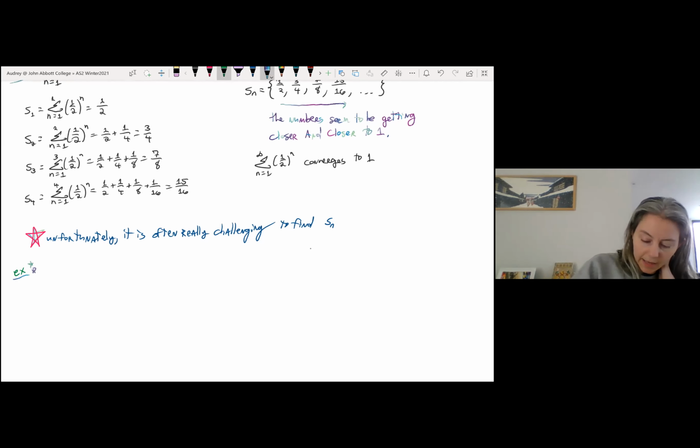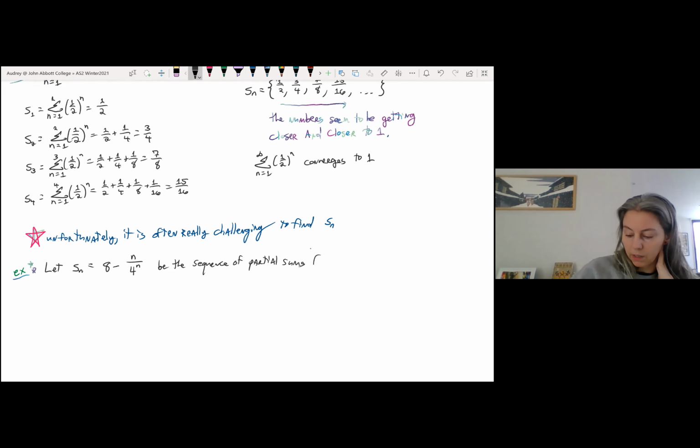So let S sub n equal 8 minus n over 4 to the n be the sequence of partial sums for the series sum n equals 1 to infinity of a sub n.